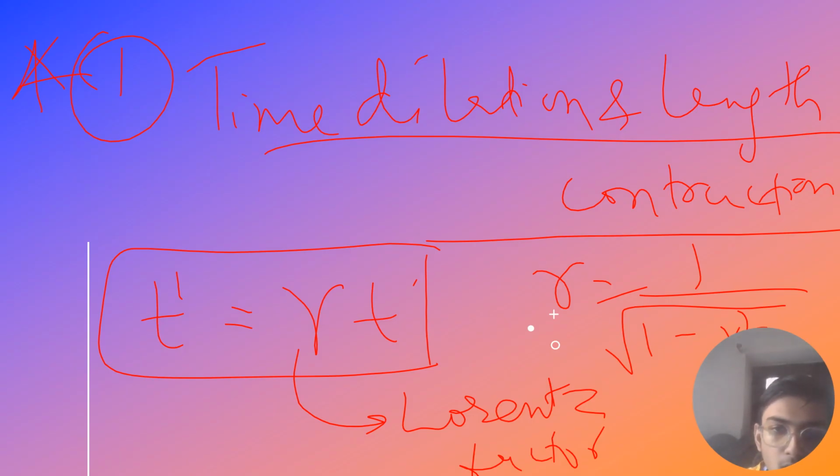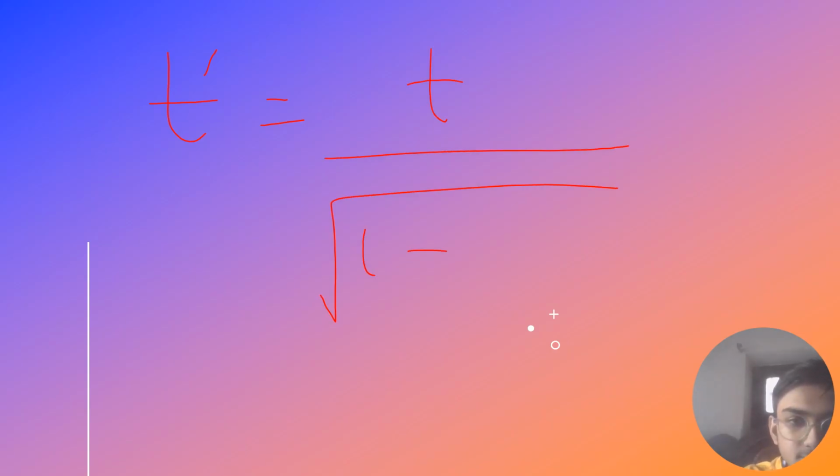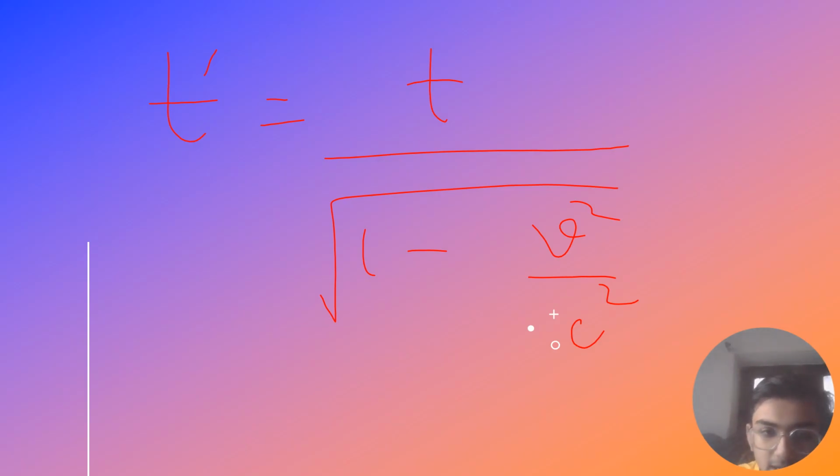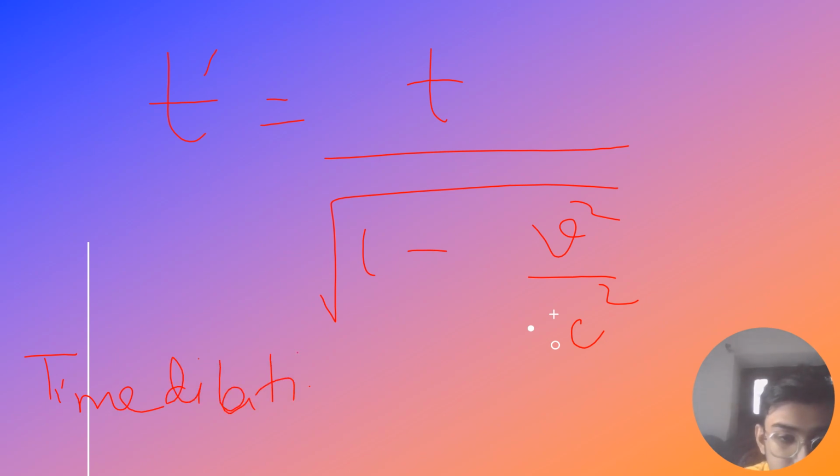Now the main agenda is to understand this concept of time dilation. There is a misconception here. When I studied it for the first time, I thought that time is reducing, but time is not reducing. Time is the same.